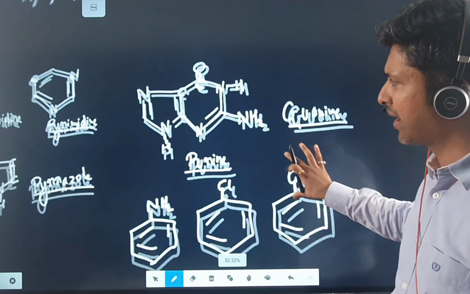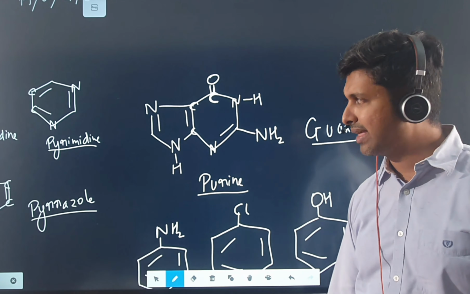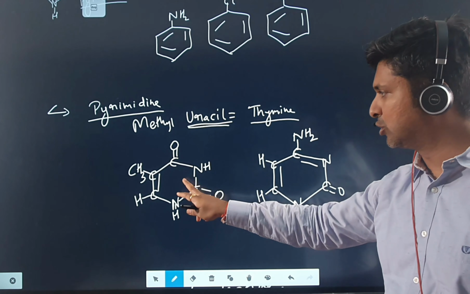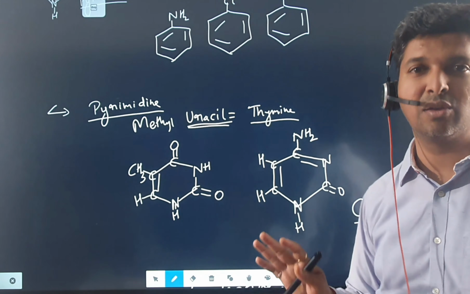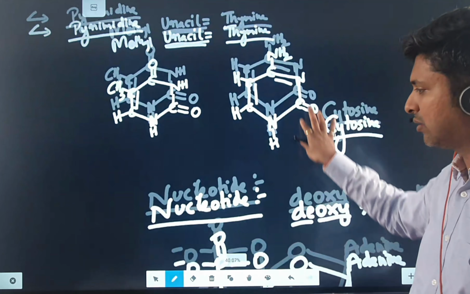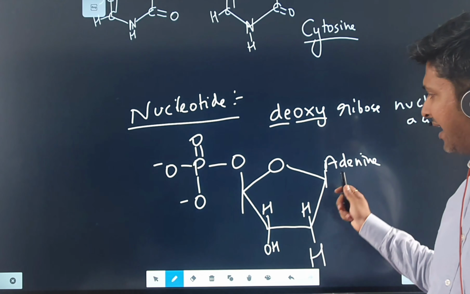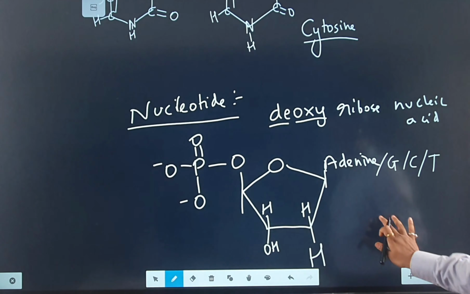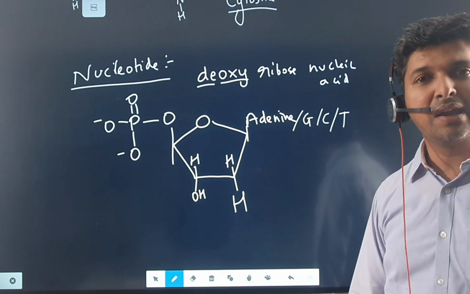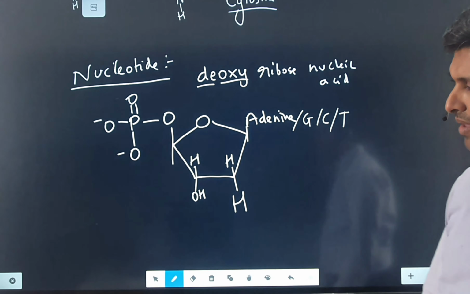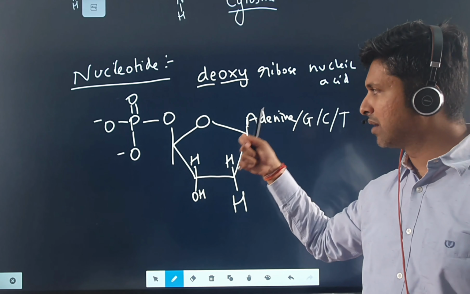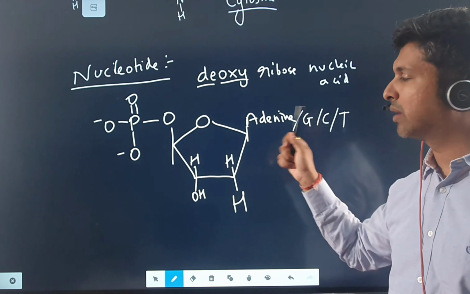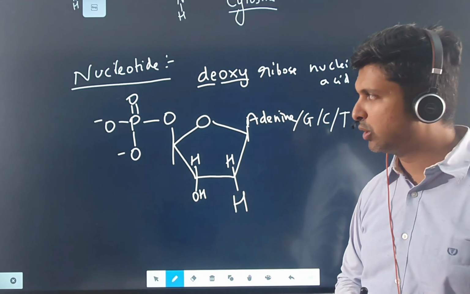You can attach guanine also, or uracil, thymine, or cytosine. Any of these you can attach to make it a nucleotide. So the moment you attach phosphate group, ribose sugar, and nitrogenous base together, it is going to form a nucleotide.